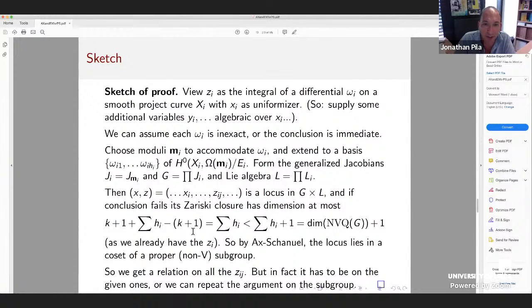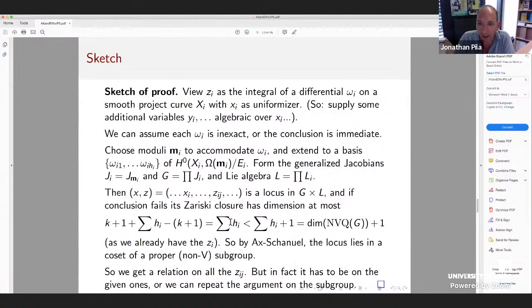And the sum of those things is just the sum of the hi's, which is the dimension of the non-vectorial quotient of the ith generalized Jacobian. But that sum of hi's, of course, is less than hi+1, which is what you always get in these Ax-Schanuel statements.